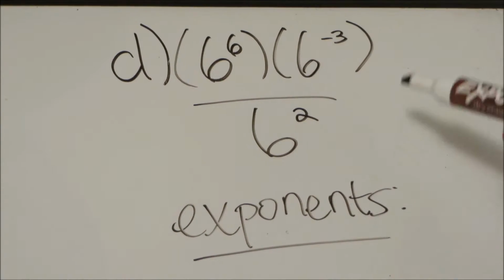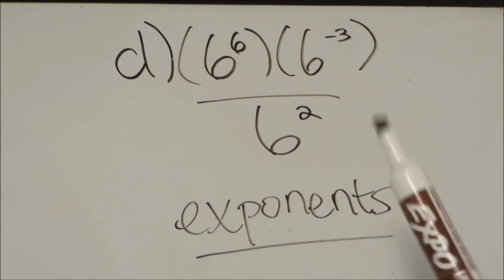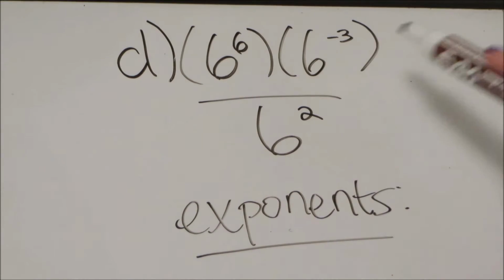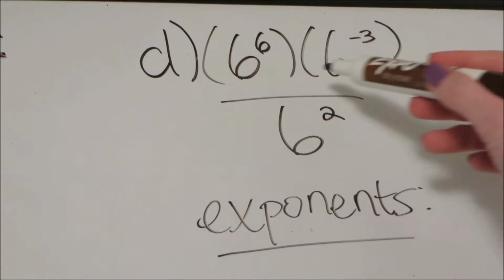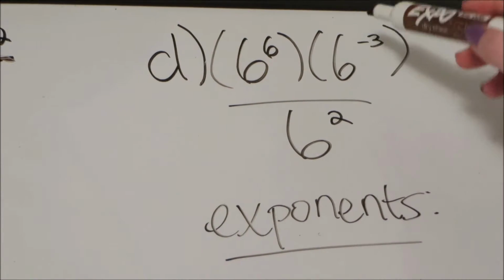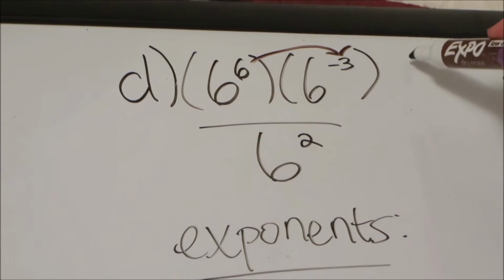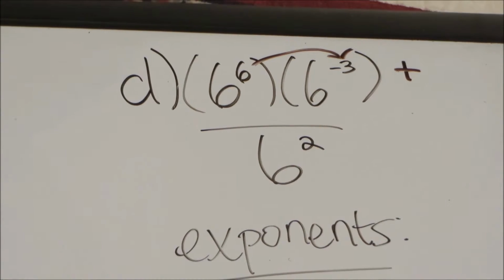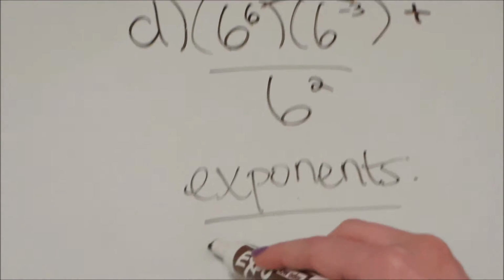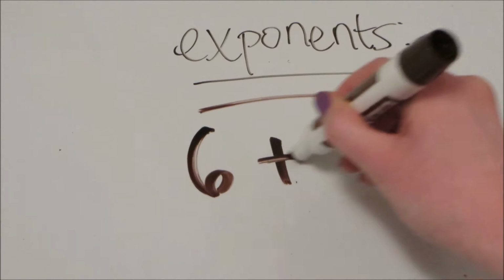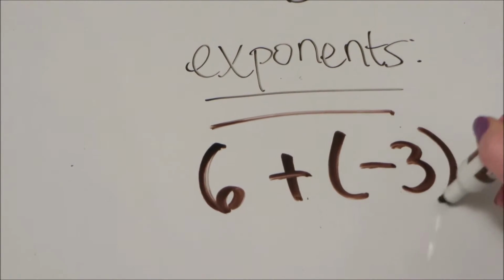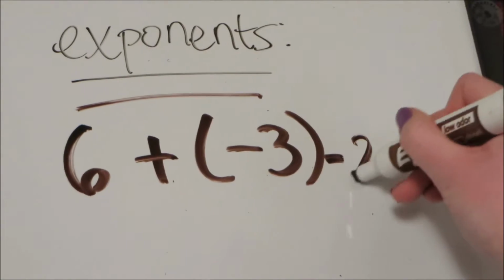And then for D, it looks complex, but all you got to know is which order to deal with the exponents in. So what you have to remember is when you're multiplying it together, you're actually adding the exponents. So if you just look at it from the exponents side of view, you're going to see 6 plus negative 3 minus 2.